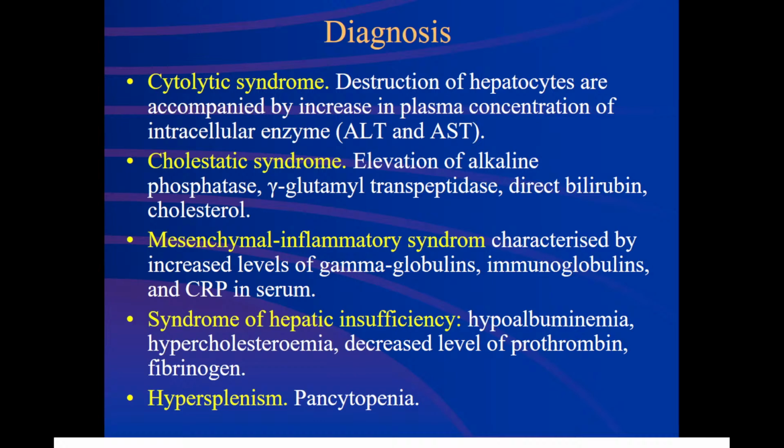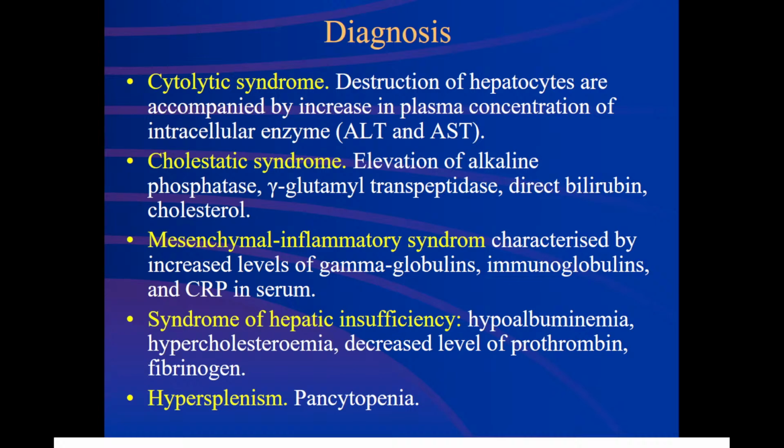Because hepatitis is inflammation, there may be signs of mesenchymal inflammatory syndrome, characterized by increased levels of gamma globulins, immunoglobulins, and C-reactive protein in serum.